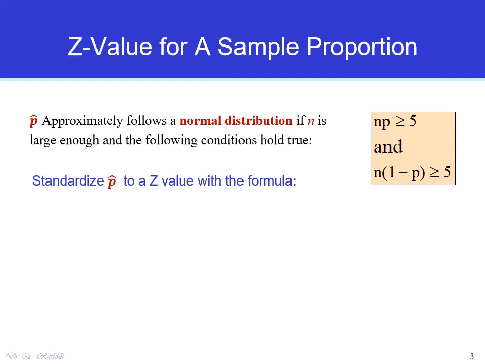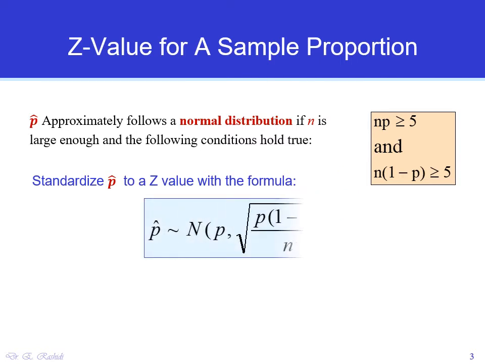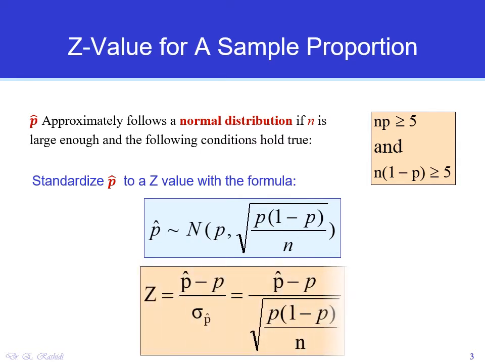So P hat would follow a normal distribution with an average of P and a standard deviation of the square root of P multiplied by 1 minus P over N. Then Z is equal to P hat minus its average, which is P, divided by the standard deviation, and would follow a standard normal distribution, or Z distribution.